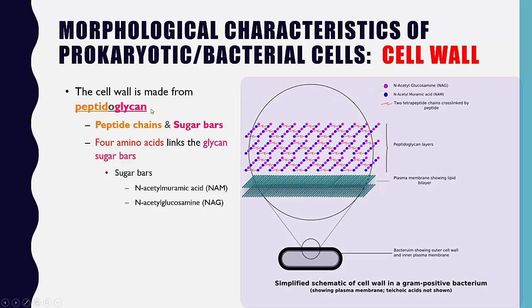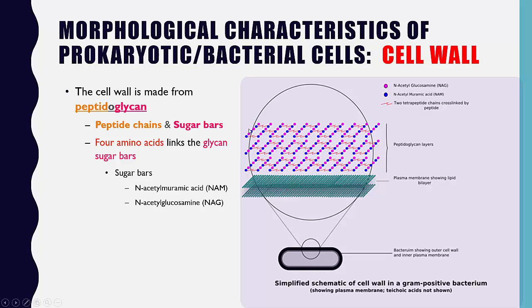So peptidoglycan, again, there are peptide chains and there are sugar bars. The peptide chains are in sort of an orange color. The sugar bars are in pink and blue. If the colors don't come out very well, I'm just going to point to the sugar bars. And the sugar bars are actually a disaccharide, made up of N-acetylmuramic acid and N-acetylglucosamine.